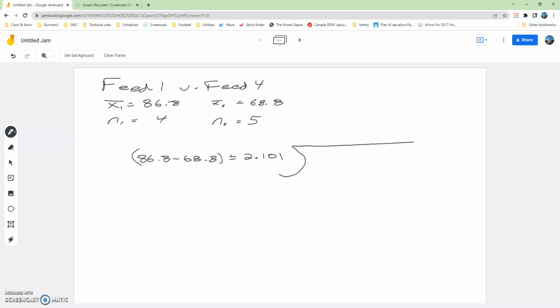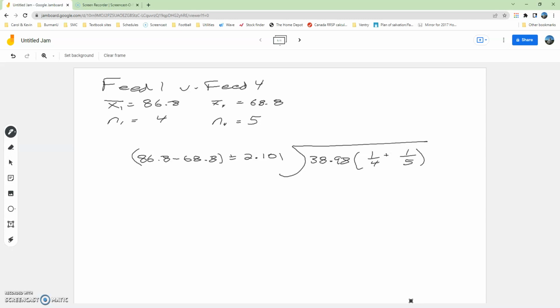This is multiplied by the square root of MSE, which is from that summary output, 38.98, multiplied by 1 over sample size 1 plus 1 over sample size 4. So 1 over 4 plus 1 over 5.